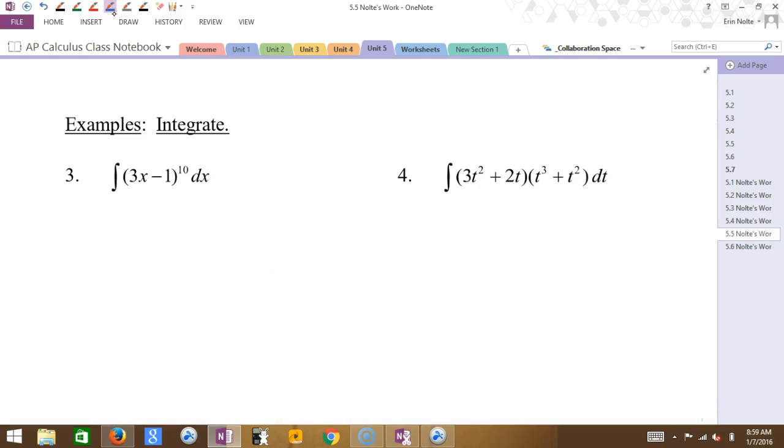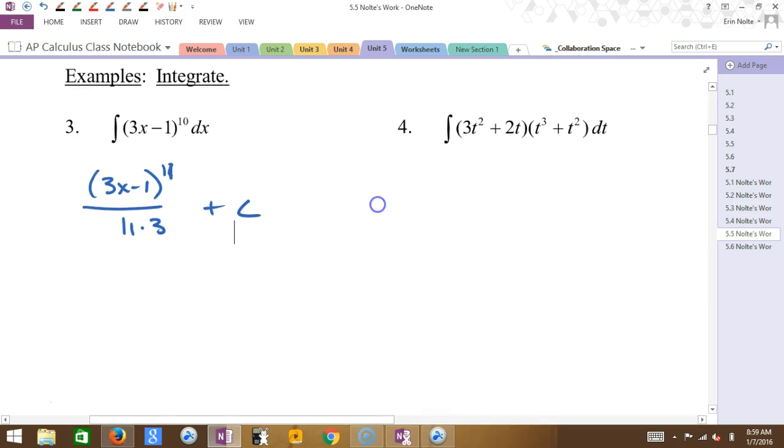Okay, so how would I do question number 3? So I've got this quantity, so I've got 3x minus 1 to the 11th, and then I divide by 11. And then I'm going to also divide by 3.